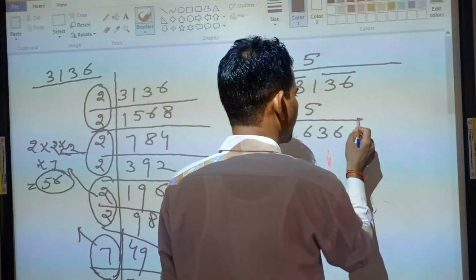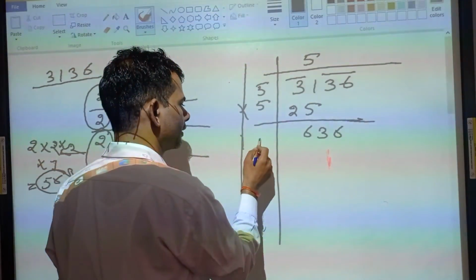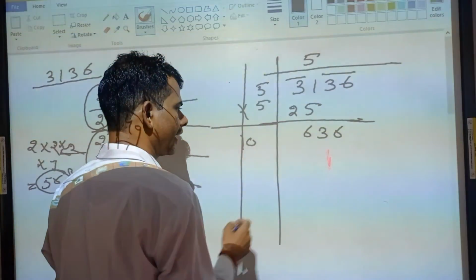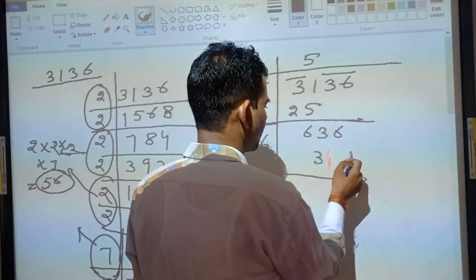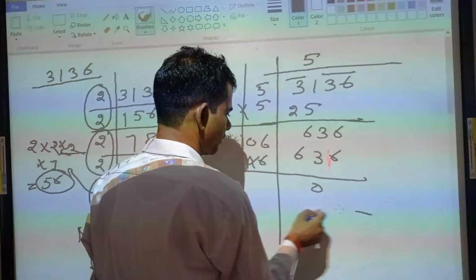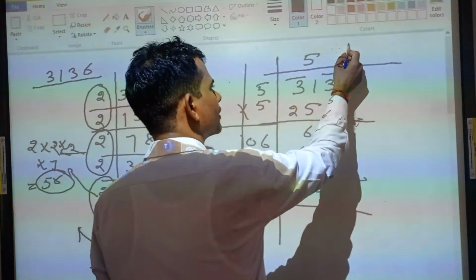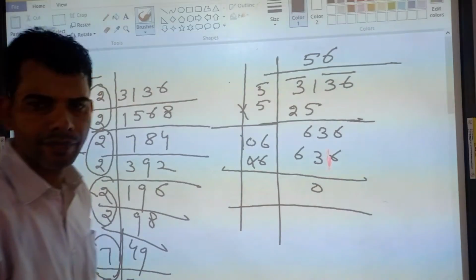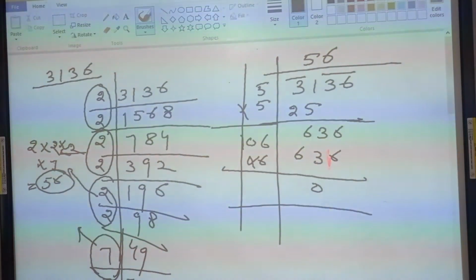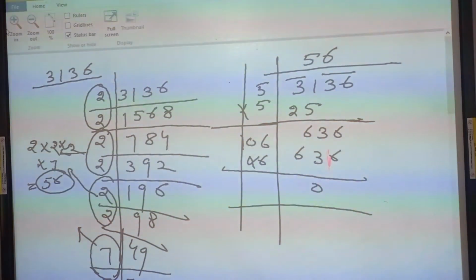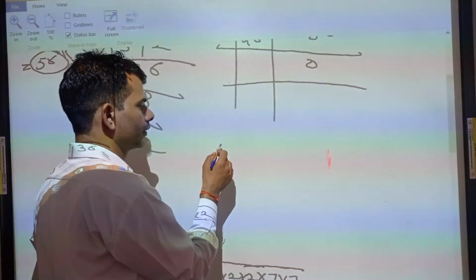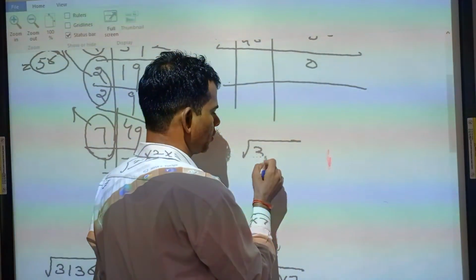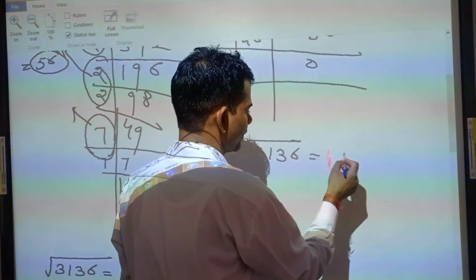Then 636. 5 2s are 10, 10 into 6, 106 into 6, 636. That is 6. Now the square root of 3136 is 56.